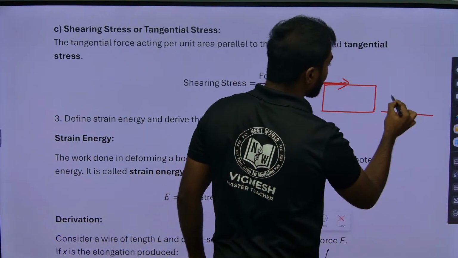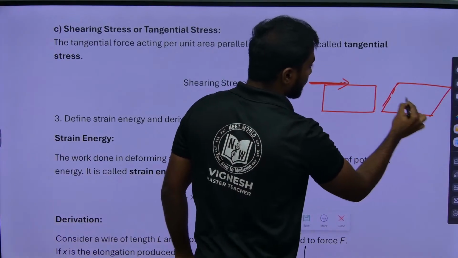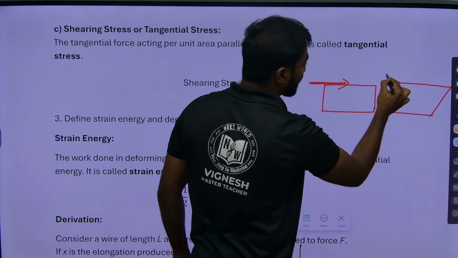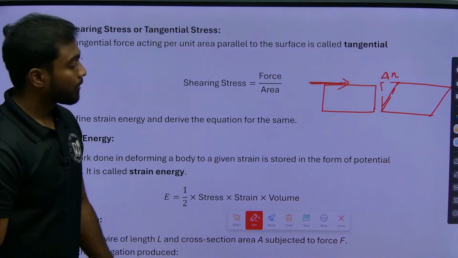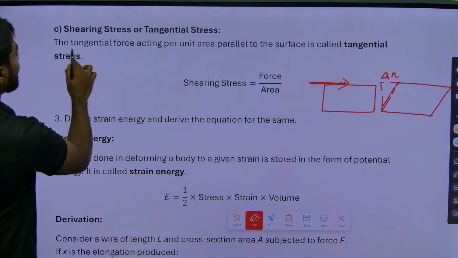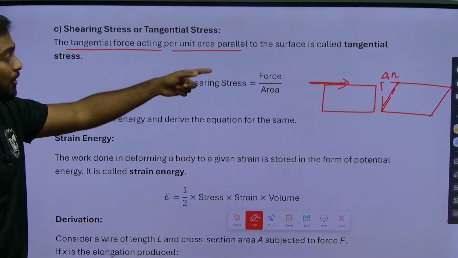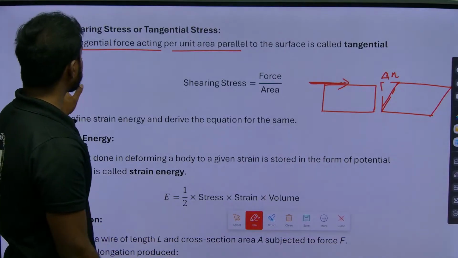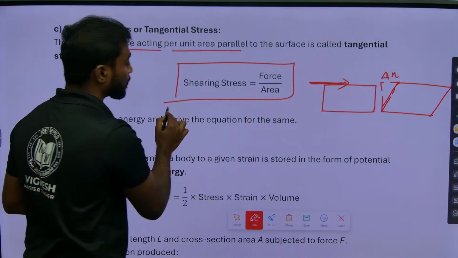It will change like this. It has been displaced here by delta x. So tangential force acting per unit area parallel to the surface is called tangential stress or shearing stress. So the formula is shearing stress equals force by area.